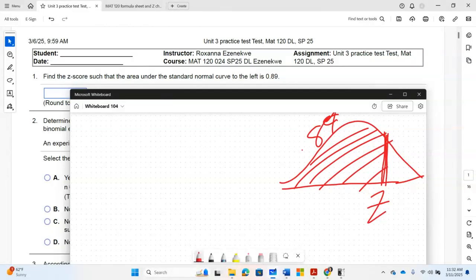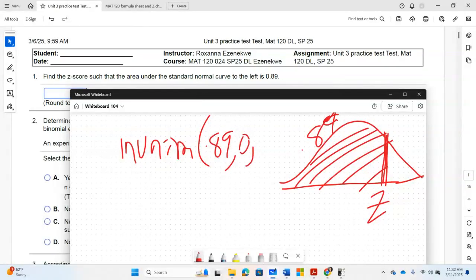You can use your calculator or you can use the chart. We are going to use both the chart and the calculator. So you do inverse norm, area to the left in decimal, that's the percentile. The mean is 0, standard deviation is 1, and then you put it in your calculator. So let's put it in our calculator now.